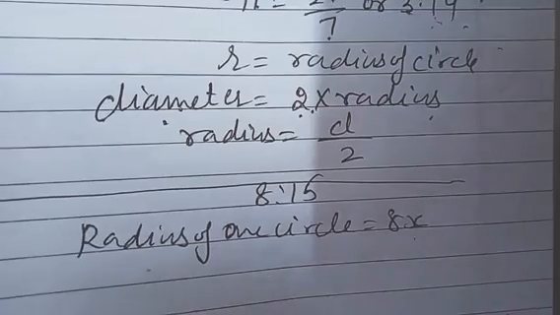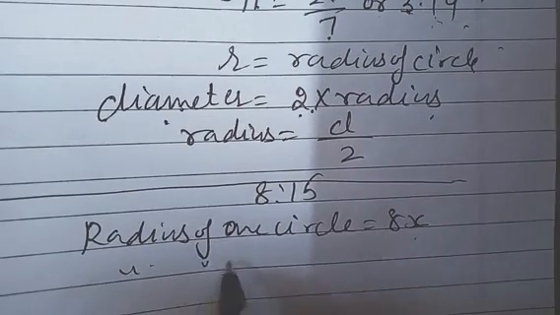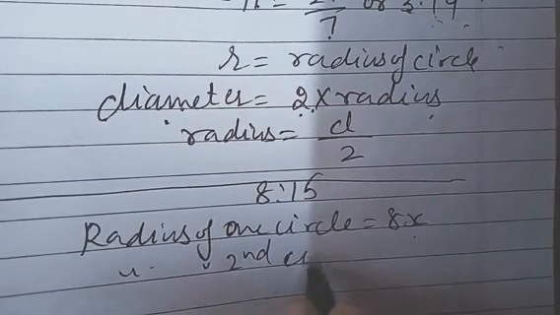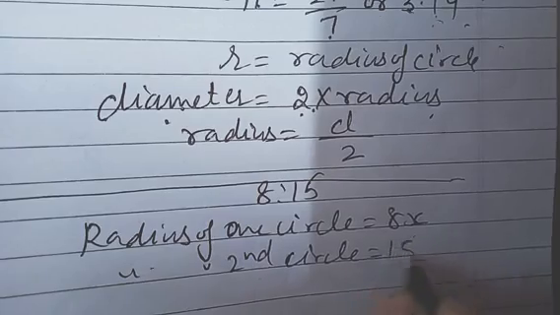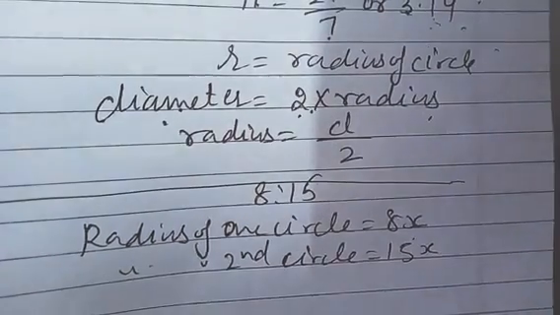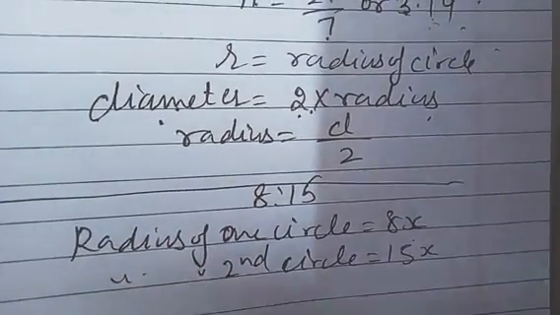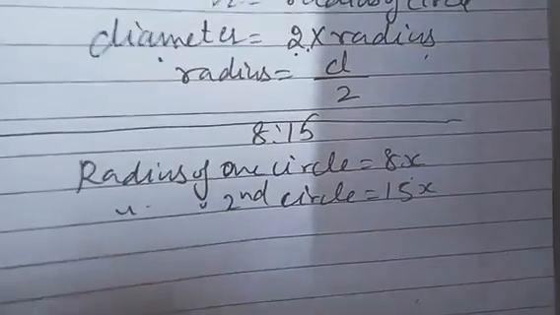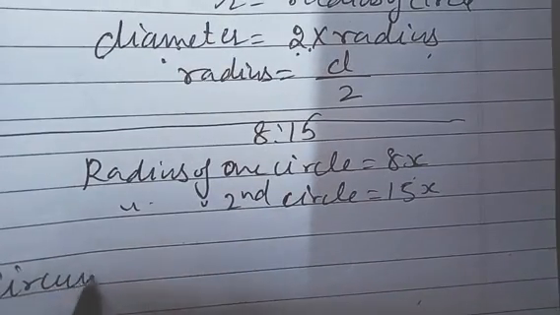Radius of one circle is equal to 8x and radius of second circle is equal to 15x. We have to find the ratio of the circumference of one circle and the circumference of the second circle.